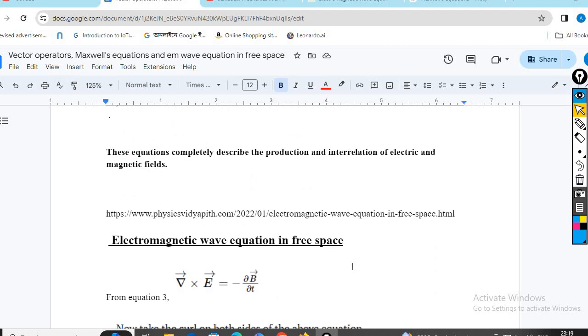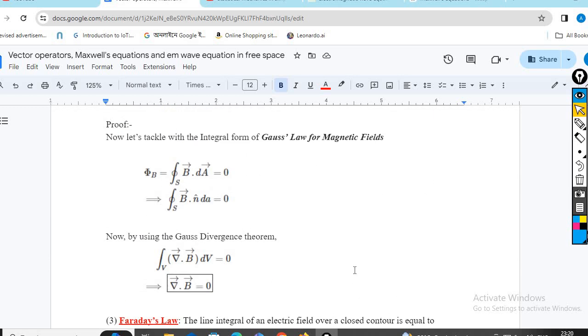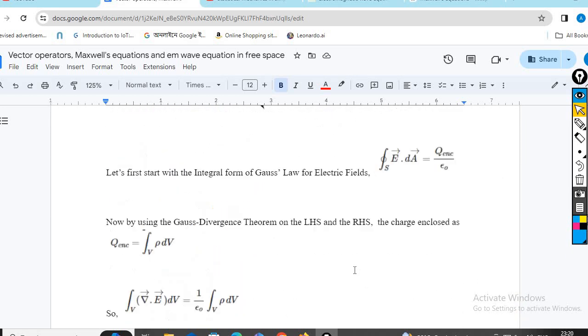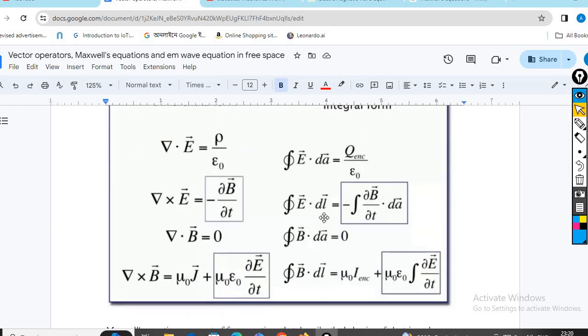So these are the famous Maxwell's equations. As a combined form, they are Maxwell's equations. The two Gaussian laws, the first one and the third one, then you have Faraday's law, and the last one is Ampere's law.